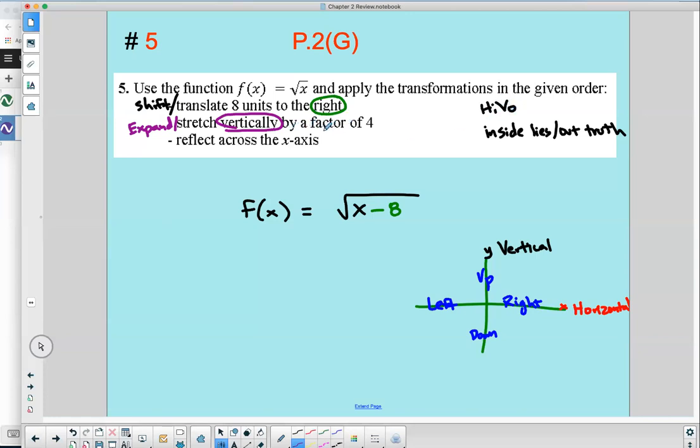I have factor, that means multiply. And outside tells the truth. So since I'm doing the truth, I'm going to multiply by 4. So it's outside multiplying by 4. You could put it here, but that's not normally where we put it. We would normally put multiplication in the front. So you'd put it right there.